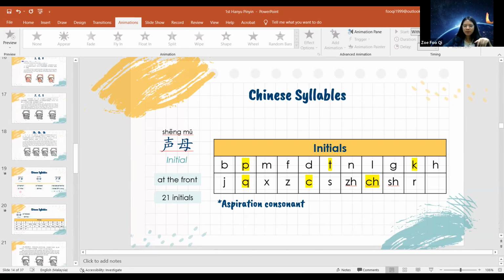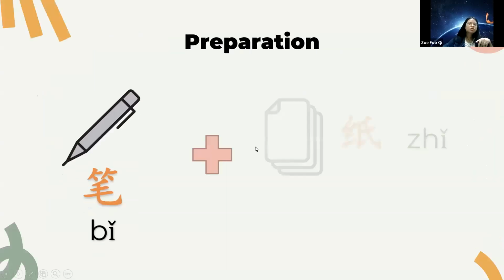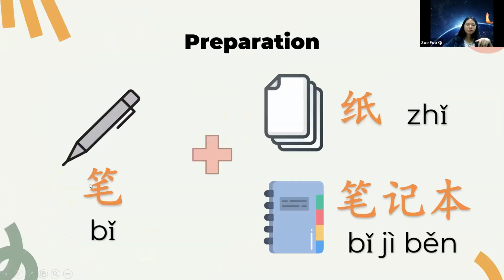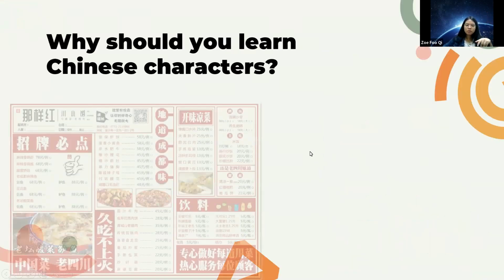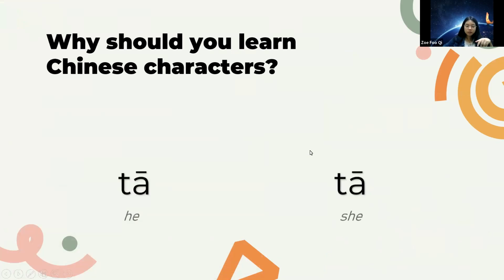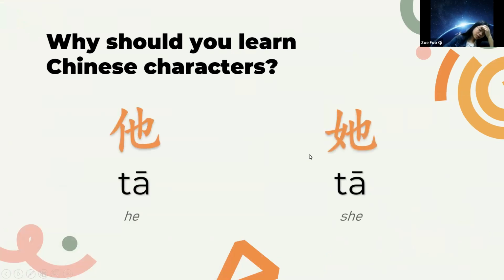Okay, the second one is actually just for the writing, if you still remember. Okay, I think I did just share it. So the second one would be the basic writing. So this one we pronounce as 笔纸笔记本. If it is possible, it is better if you can recognize the Chinese character.